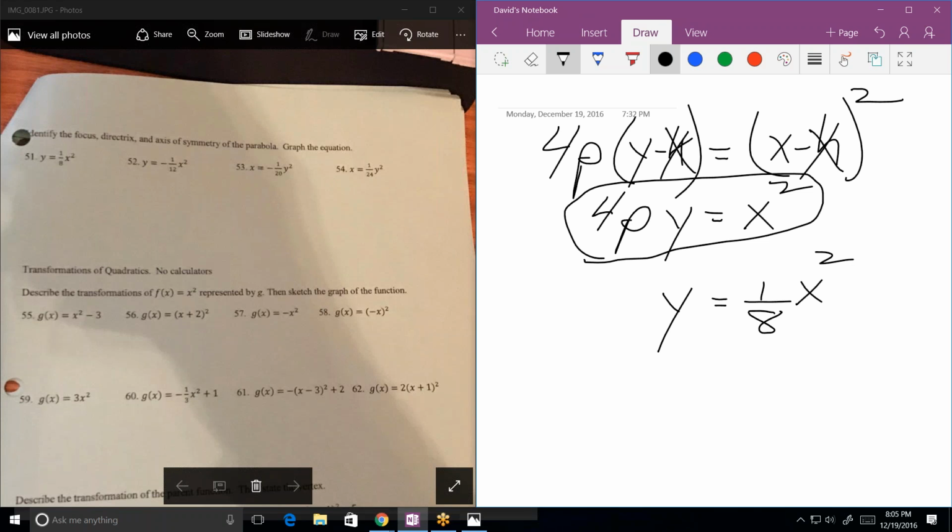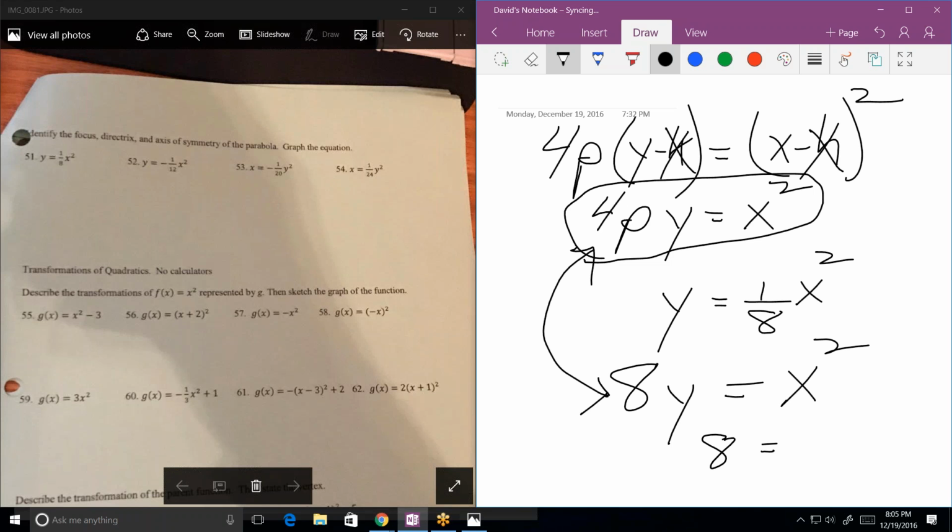How do I get rid of the 1/8? Multiply both sides by 8. Now I've got 8y equals x squared. Now I almost have it in the precise format, and it's easy to figure out p. 8 has to be equal to what? 4p, right?